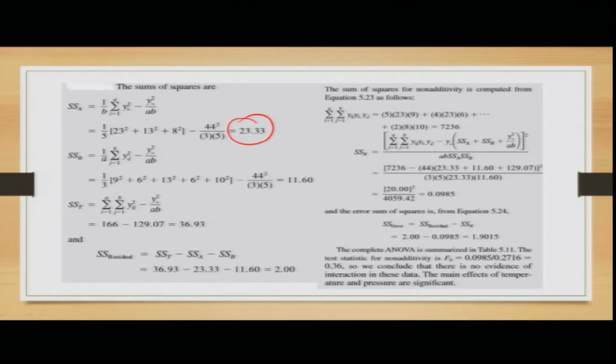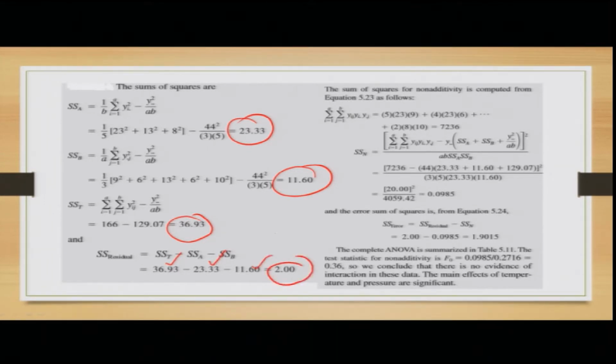The sum of squares for B comes out to be 11.60, from just the simple calculation which we have done. The total sum of squares comes out to be 36.93, and the residual is 36.93 minus 23.33 and 11.6.